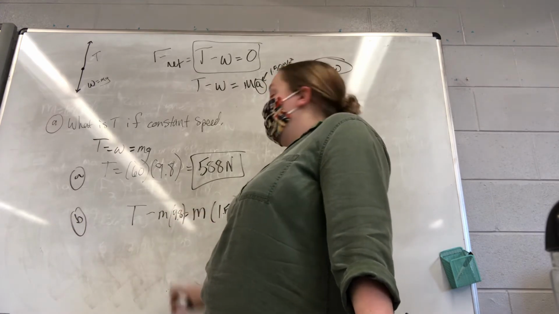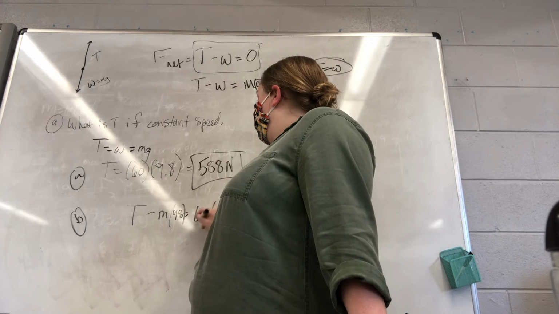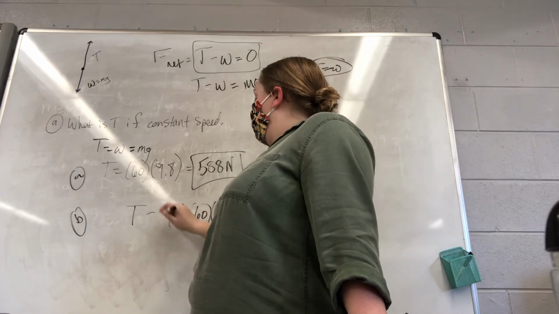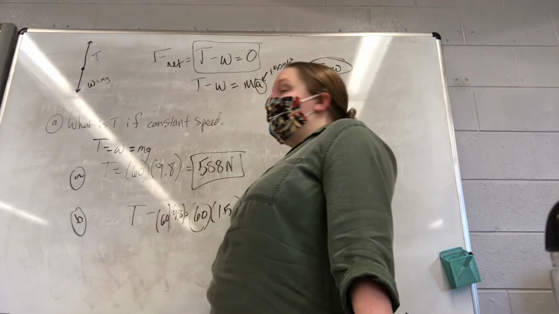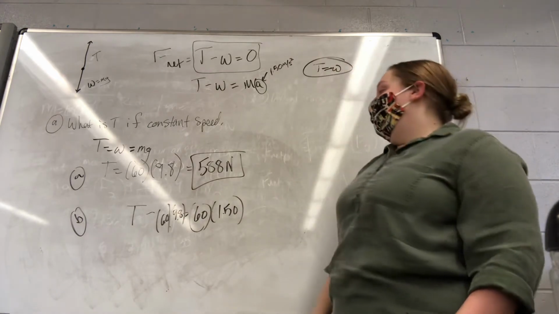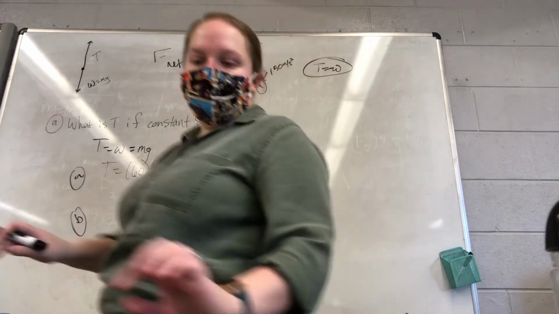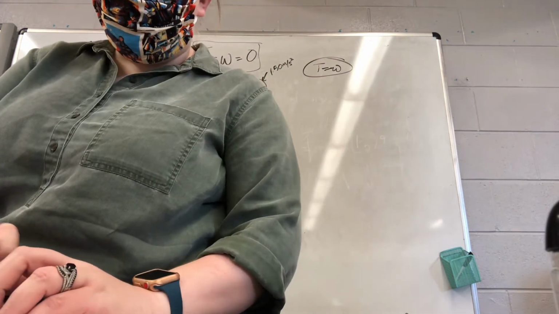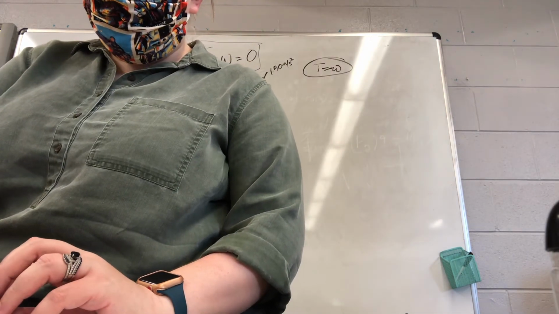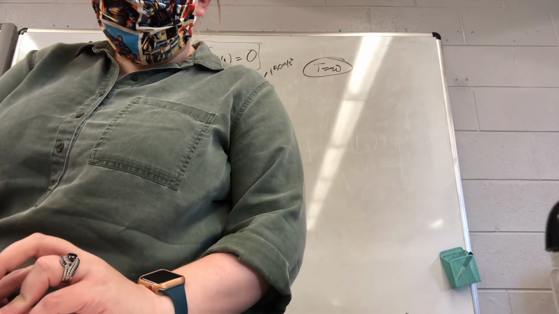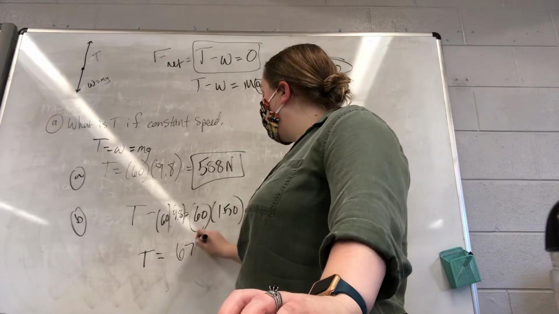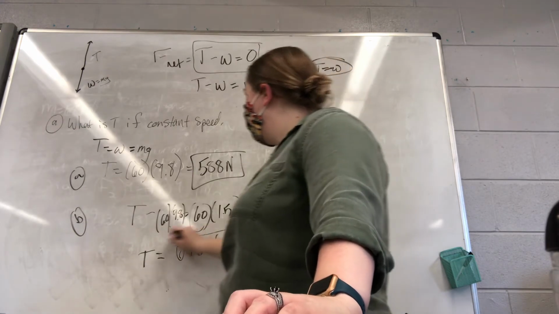What are the masses? 60. So tension will equal 60 times 1.5 plus 60 times 9.8, which will equal 678 newtons.